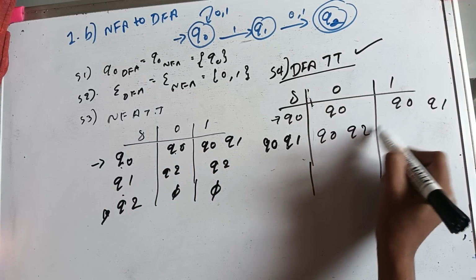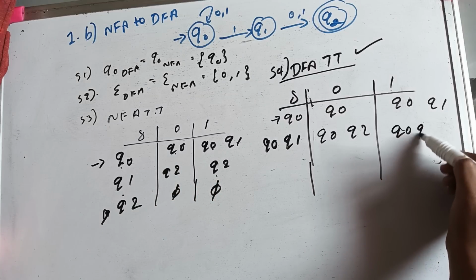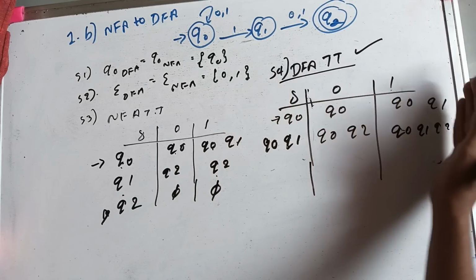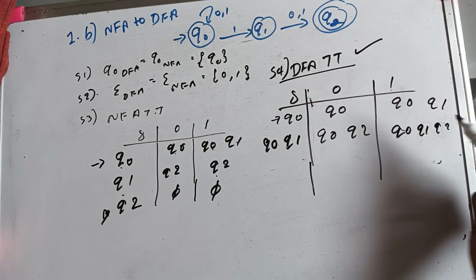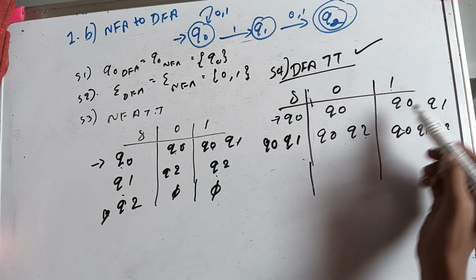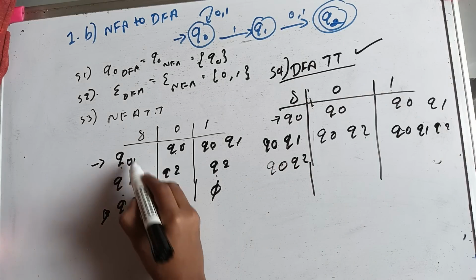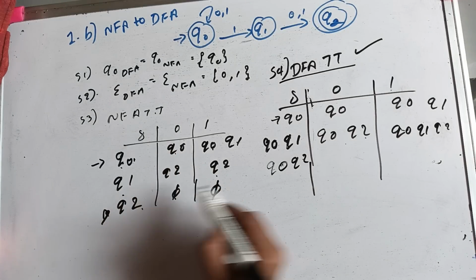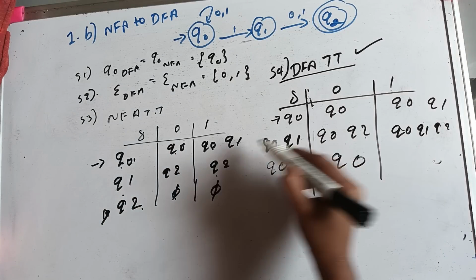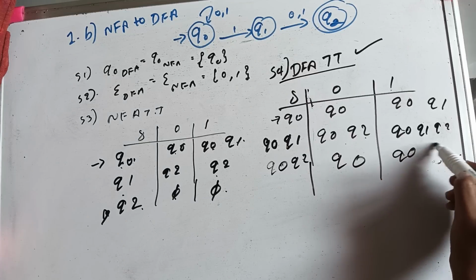Q0, Q2. Upon 1, Q0, Q1, Q2. Check this side for a new state. Q0, Q2 is a new state, and Q0, Q1, Q2 is also a new state. Next write Q0, Q2. For input 0 it is Q0 and null, and for 1 it is Q0, Q1 and null, that is Q0, Q1.